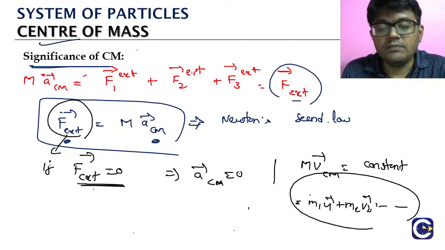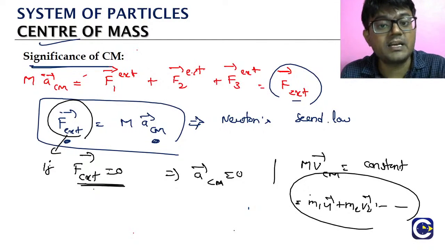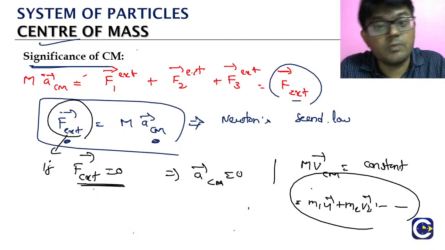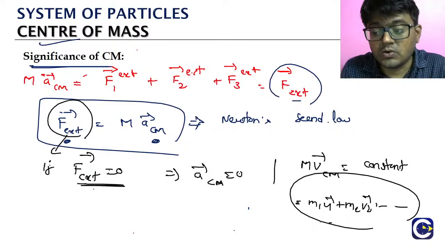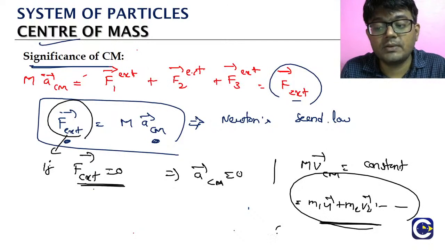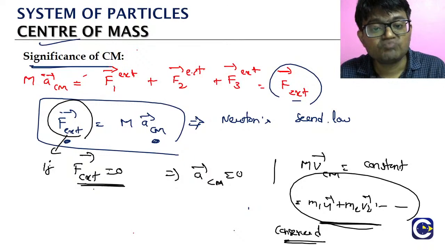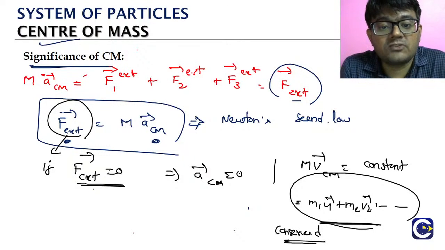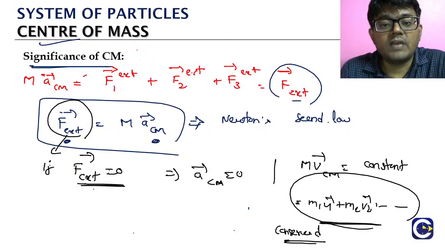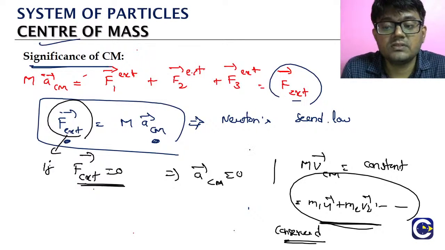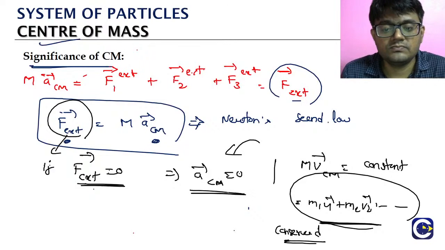So if there is no external force, in the result we have already seen in conservation of momentum principle, the total momentum of all the particles is going to be conserved. When there is no external force, total momentum of all the particles will be conserved, meaning the velocity of the center of mass will remain the same. It won't change. The center of mass acceleration will be 0.